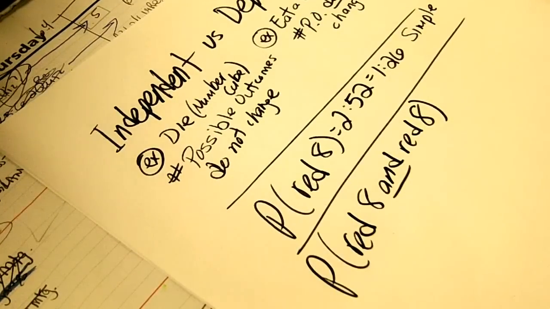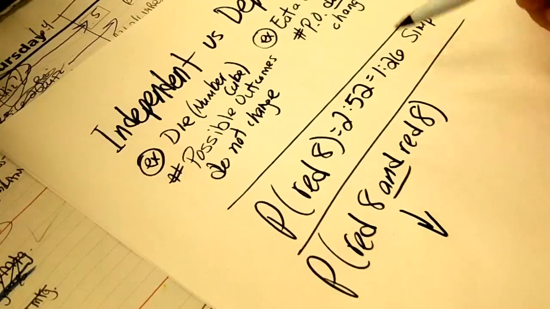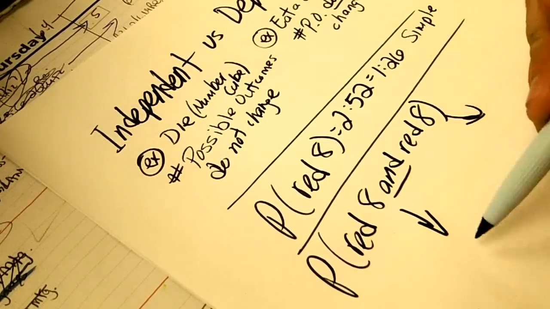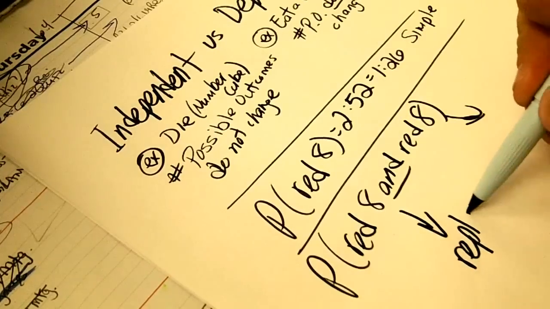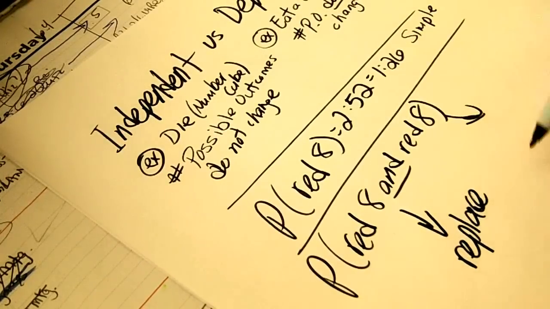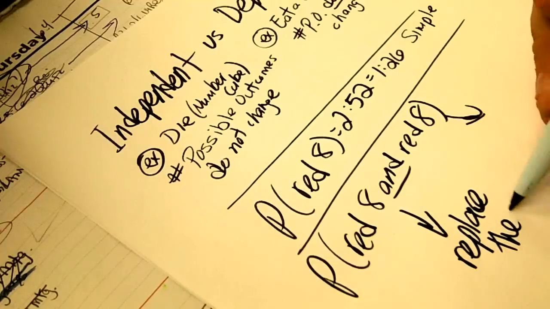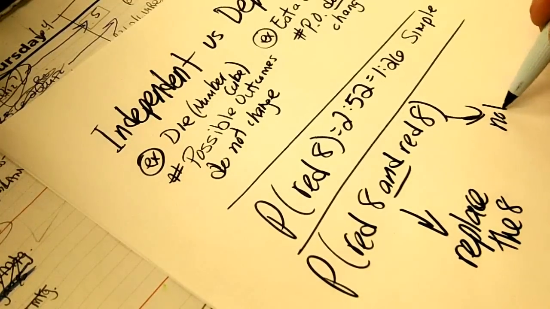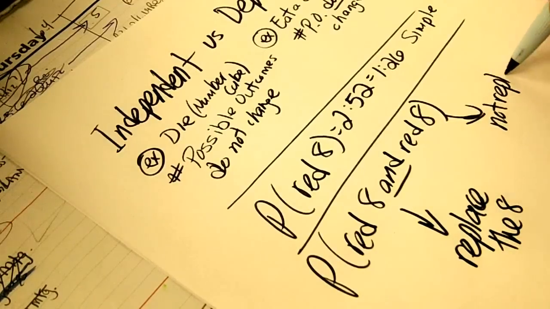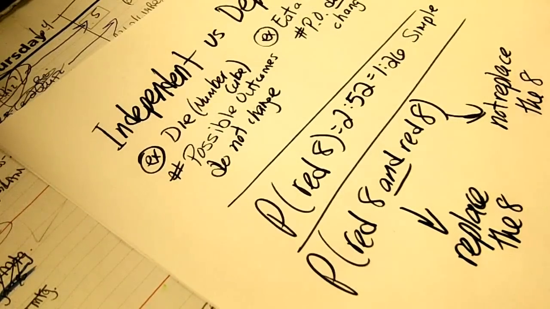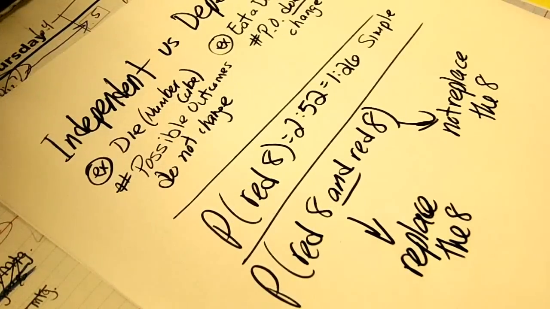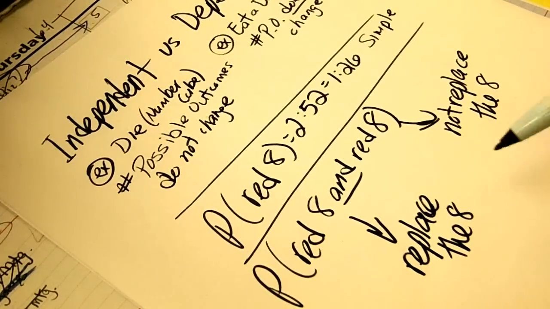So if I replace the card, or if I don't replace the card, there's the difference. If I replace the 8 or not replace the 8, that's going to tell me whether or not it's independent or dependent. And we'll figure that out in a second.